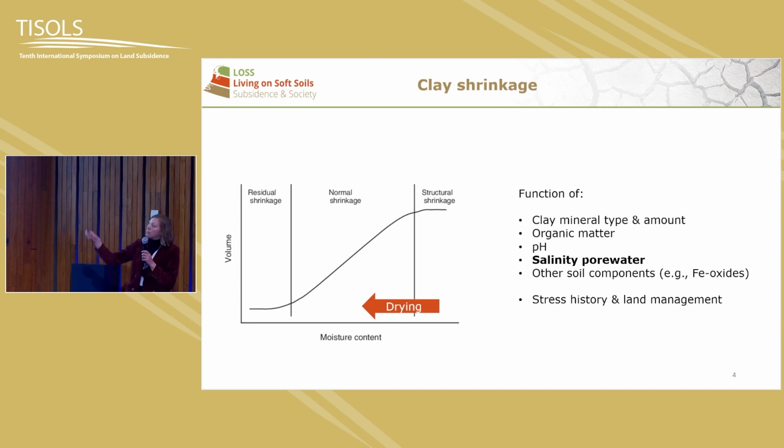And the shape of this curve is a function of chemical parameters and mechanical ones, but also history. So it's difficult to make a prediction about this. But where I want to focus on today, as I mentioned, is the pore water salinity influence.